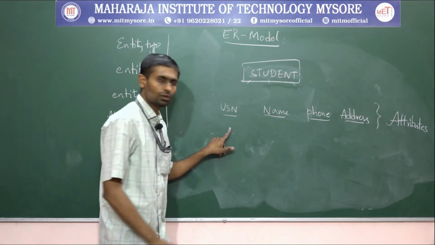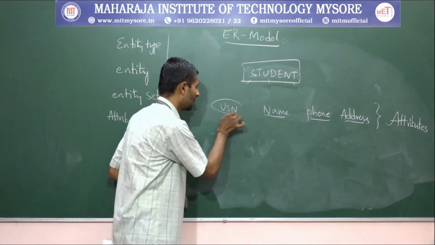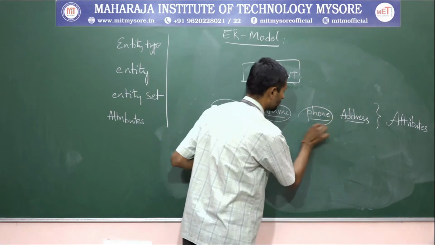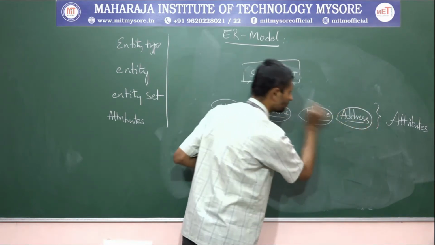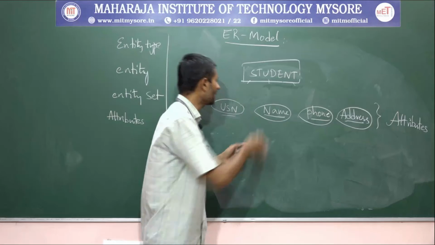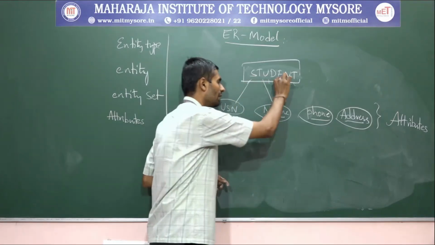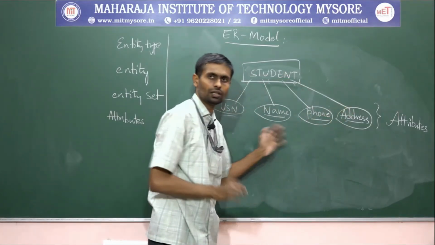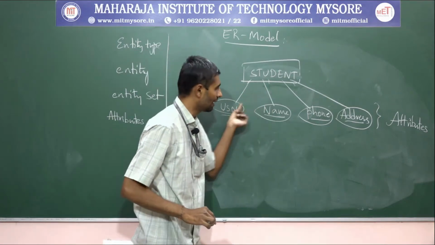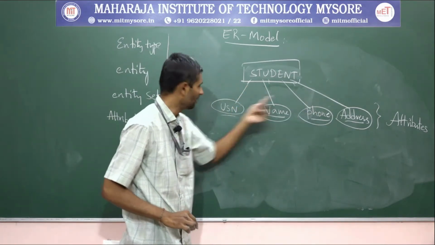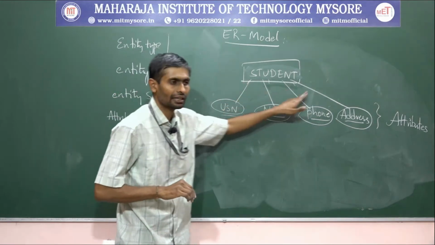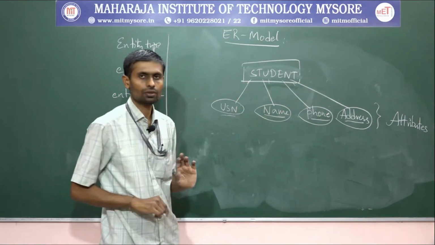And these attributes are represented with the help of this oval shaped symbol. And these are all connected with whom? It is connected to the student, because all this belongs to the student. Does it belong to a teacher? No, it all belongs to a student. So we connect it like this with the help of these lines, right? Don't go with writing an arrow mark, simply connect it directly with a line. This is the notation used.